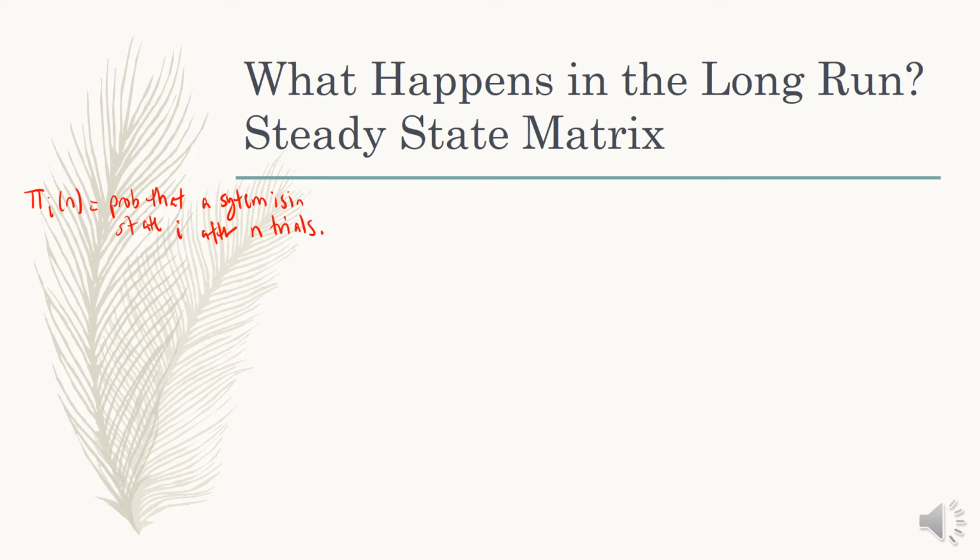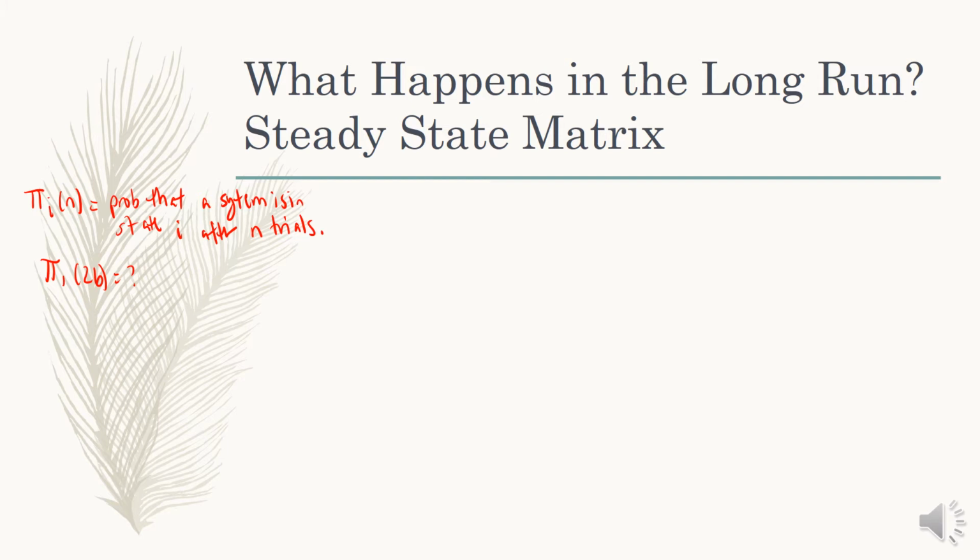So for this, maybe the company wants to know 6 months from now, what's the probability that people who started shopping at Murphy's are still shopping at Murphy's? Then that would be something like pi 1 of 26. That would be saying, what's the probability that people are shopping at Murphy's after 26 trials?